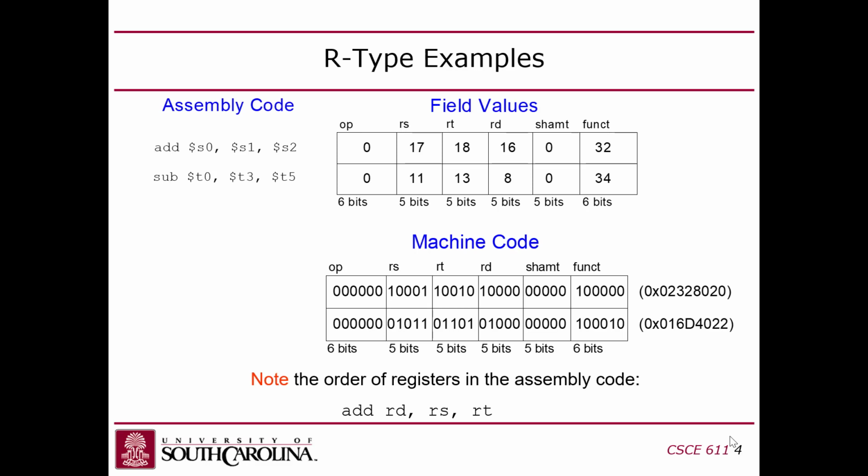Okay, so converting assembly code to machine code is based on taking a 32-bit instruction, all the instructions are 32-bit in MIPS, and dividing it into these fields. The only field that is common to all three instruction formats is the opcode field, which is the most significant 6 bits, bit 31 down to 26.